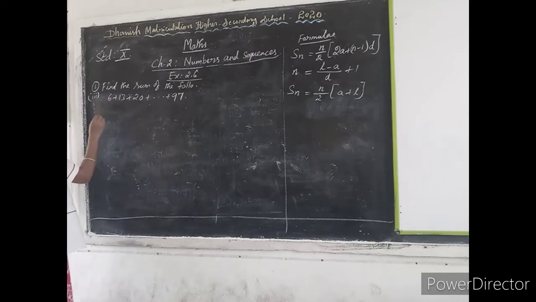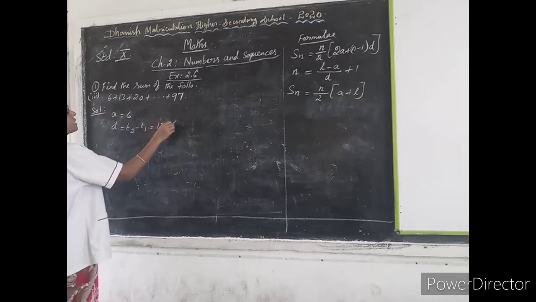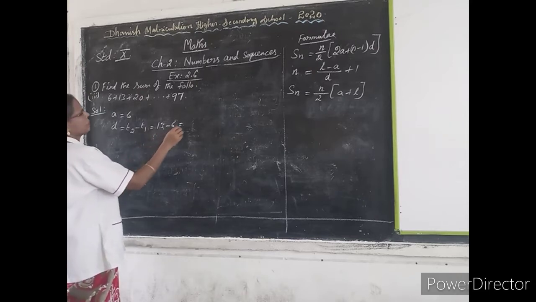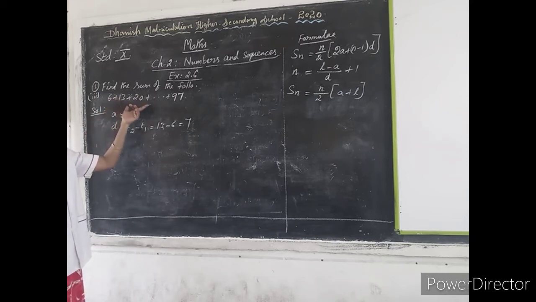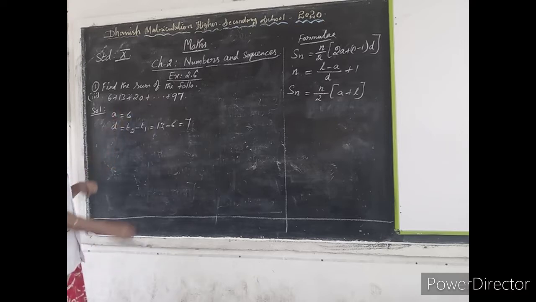So A is 6. D, the common difference, is T2 minus T1, equal to 13 minus 6, equal to 7. Here T3 minus T2, 20 minus 13, that is also 7. Therefore, the given series is an arithmetic series.